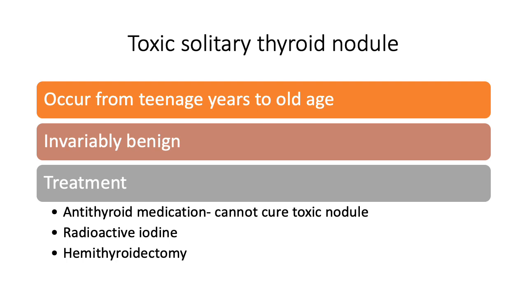And toxic nodule is invariably benign. So in this condition, FNAC is not required compared to the other types of solitary nodules. Treatment is mainly hemithyroidectomy, but the euthyroid state should be achieved with antithyroid drugs prior to surgery.